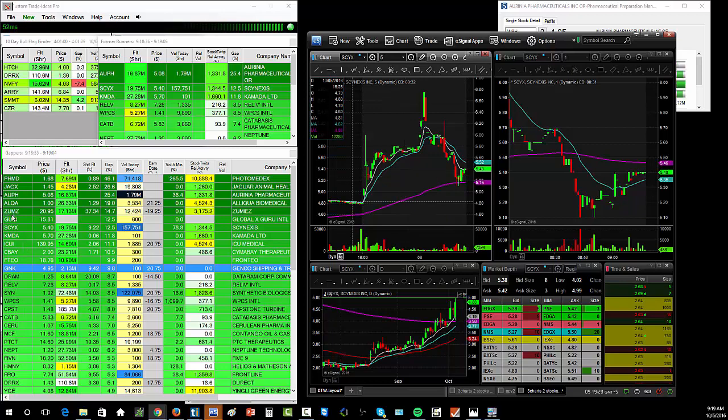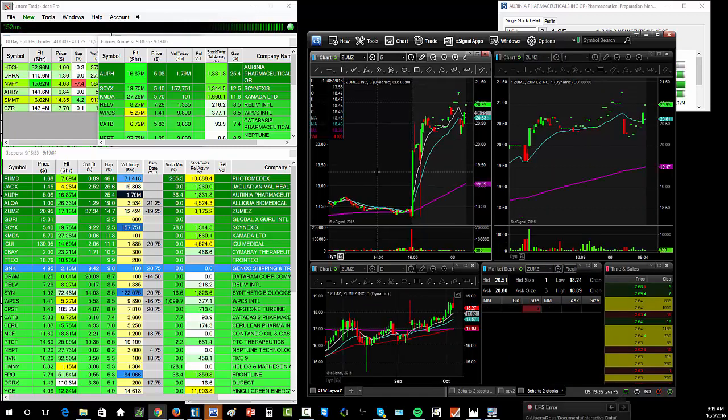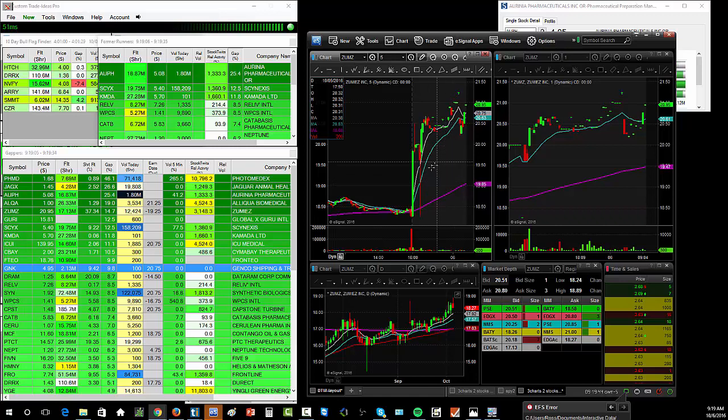Now, that's a good point on ZUMZ, that 37% short interest. That's a fair point. But my concern would just be that this has the potential to give us false breaks. These are much more common with this price range.